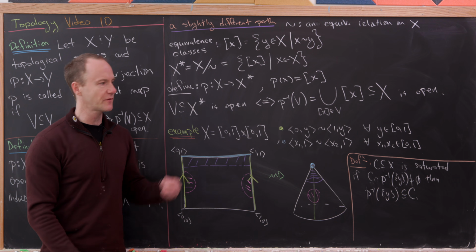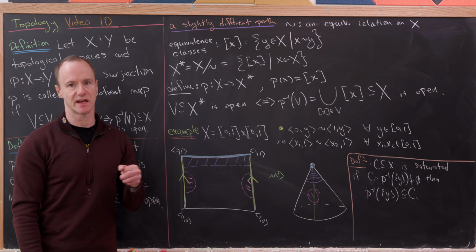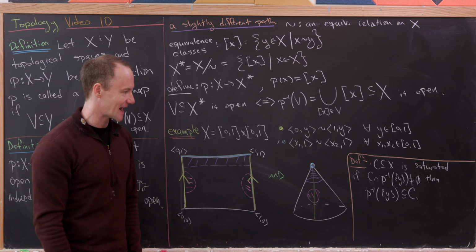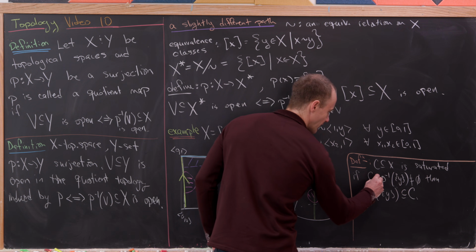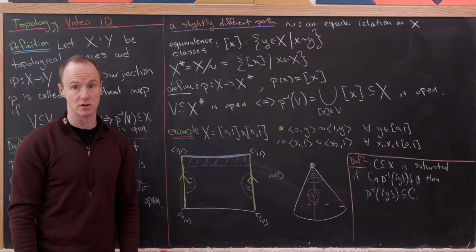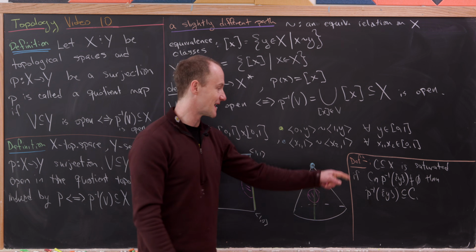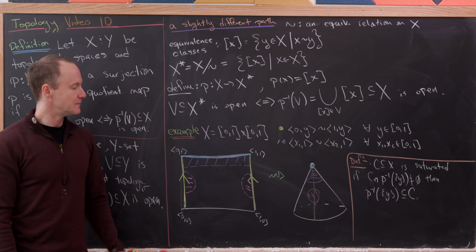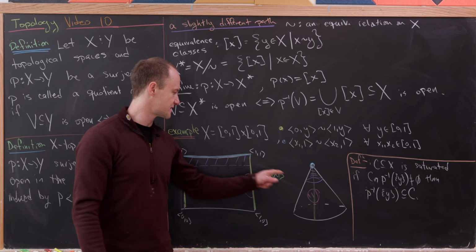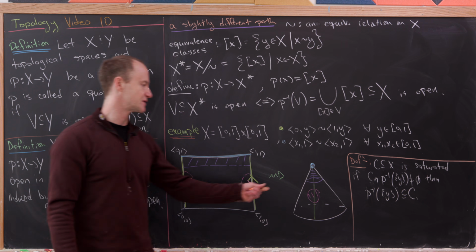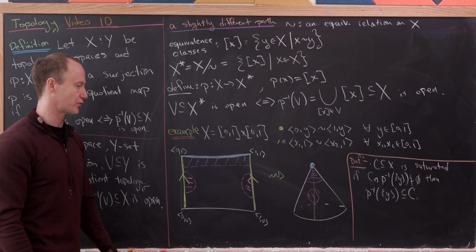Okay, so now let's carefully write down this notion of a saturated set, which we talked about before. A subset C of X is called saturated if whenever C intersects with the pre-image of a singleton, the pre-image of that singleton is completely contained in C. Let's observe that the purple set over here is a saturated set, and that's because we built it out of a pre-image.